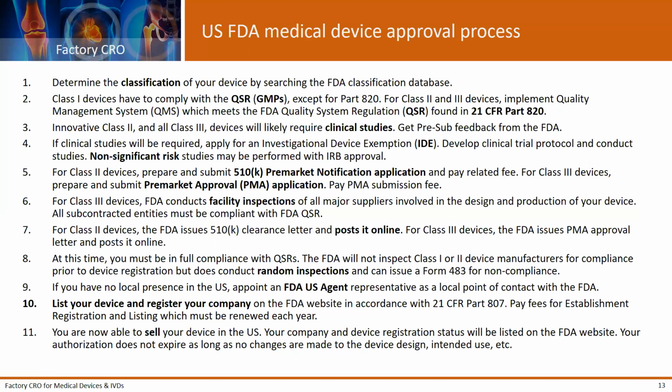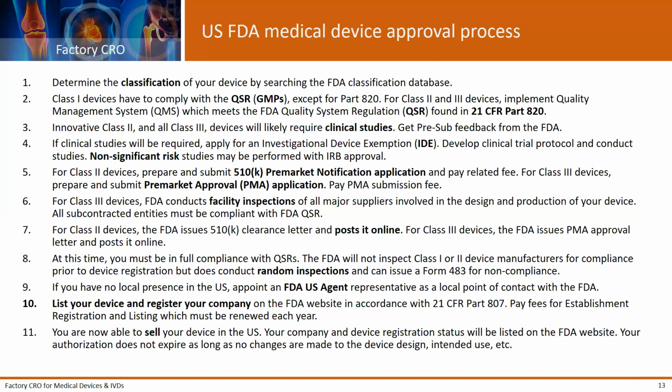For class 3 devices, the FDA conducts facility inspections. For class 1 and 2 devices, there is no facility inspection before devices are cleared, but random inspections may be performed by the FDA.